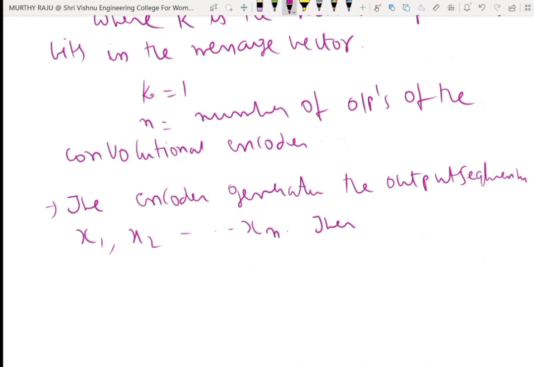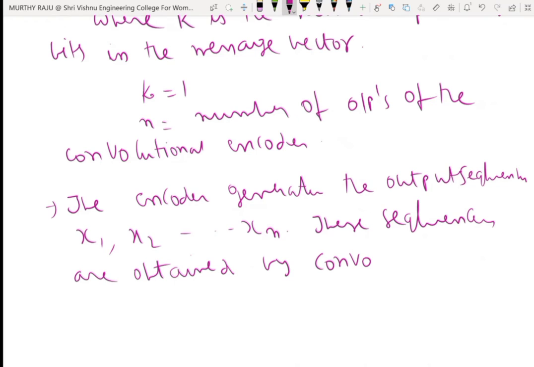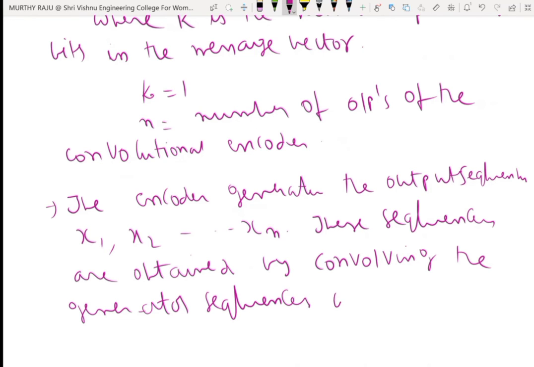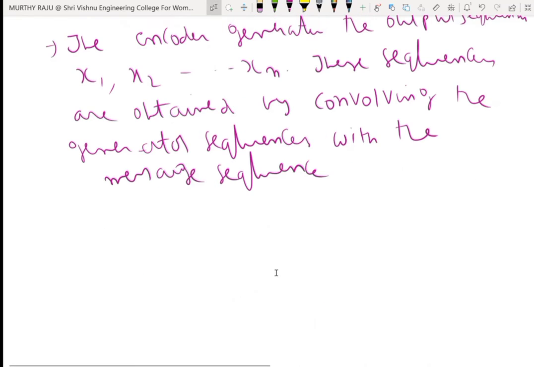These sequences are obtained by convolving the generator sequences with the message sequence.